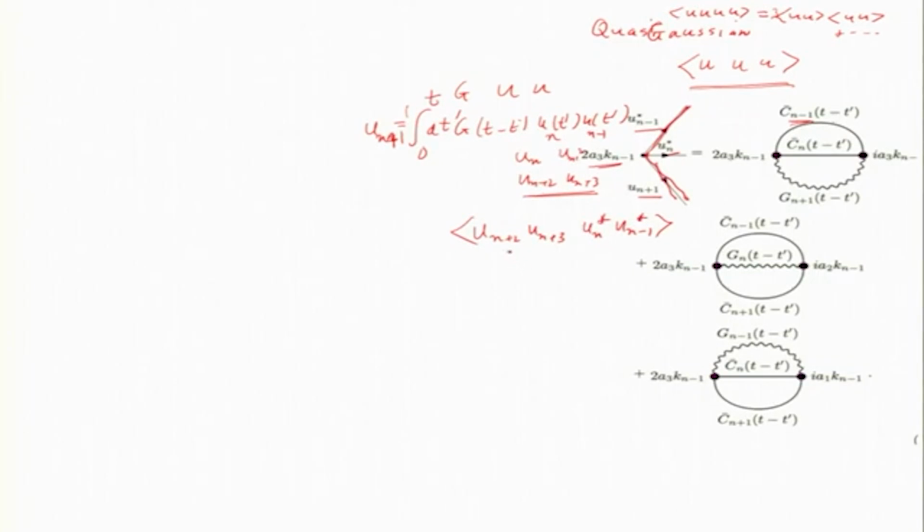Now, look, if I do this pair, what is it? 0, right. If I do this pair, what is this? u_{n+2} with u_n is 0. Next is what? u_{n+2}, that and these two together. Choose any combination, you will get 0, because u_n must be multiplied by u_n star to get non-zero value.